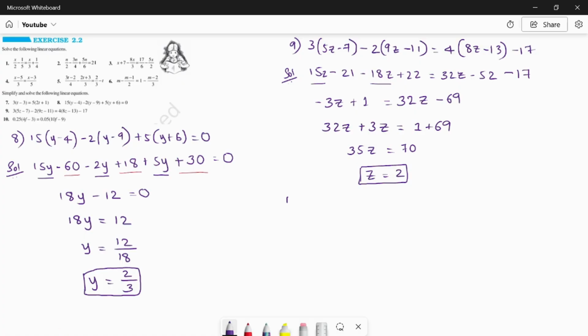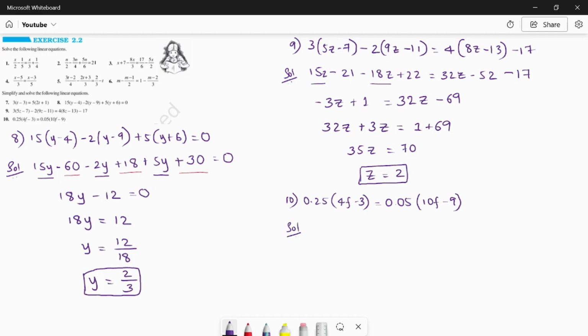Now 10th question, 0.25(4f - 3) = 0.05(10f - 9).